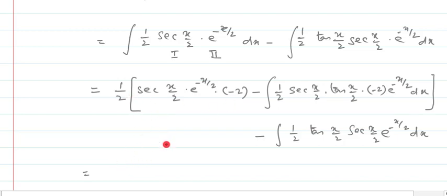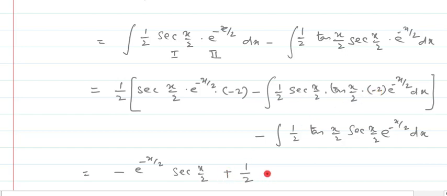So we are getting minus e power minus x/2 sec x/2 over here, and here we are getting minus 1 by 2. It should be positive because one negative is here and one negative is inside the bracket.